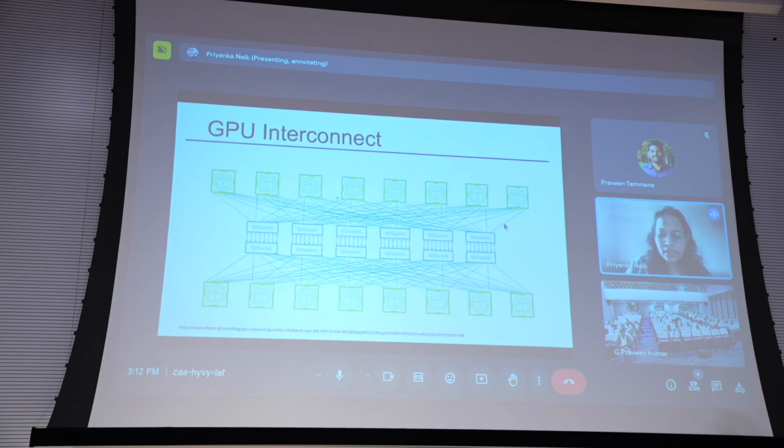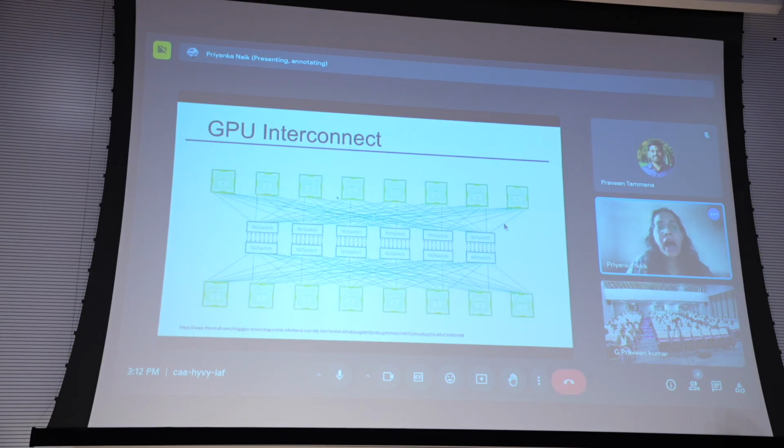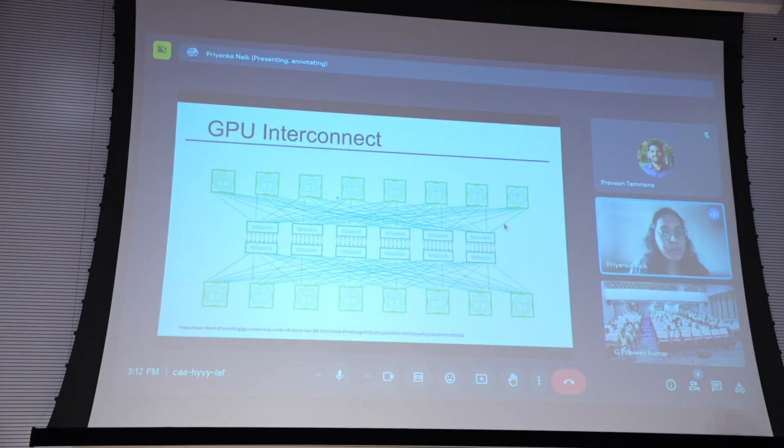Right? And these were techniques used from a programming point of view, from a CUDA point of view. What optimizations were done from a hardware point of view was the introduction of techniques like NVLinks, which involved direct peer-to-peer communications across GPUs for optimizing their communications.